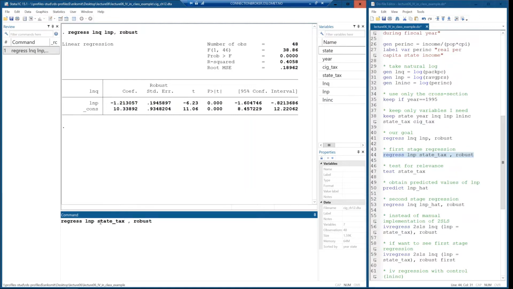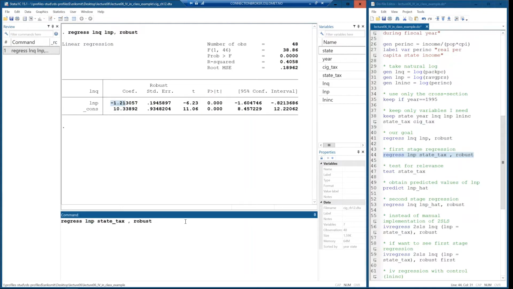And the state tax is not correlated with the error term, so it's exogenous. And we can use this exogenous variable to extract the exogenous part of the price, such that we can get an unbiased estimate of this coefficient, this causal effect of a change in price on the change in quantity.